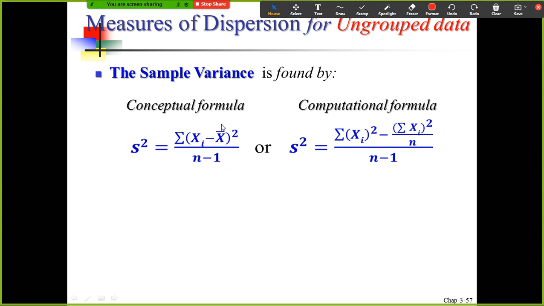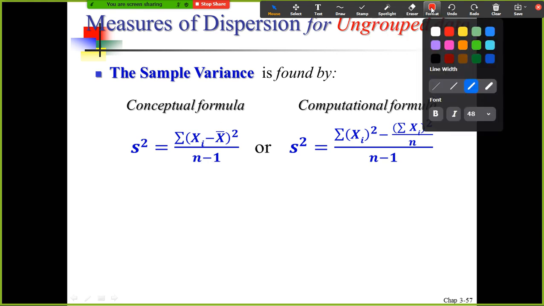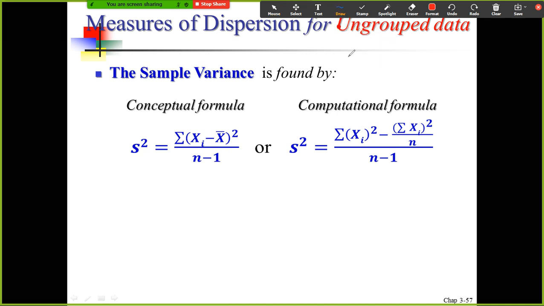So this one is the conceptual formula. It's similar to the one that we looked at in the previous slide, population variance. But the difference from population variance is that for the conceptual formula for sample variance, we divide by n-1 for the sample, but we divide by n for population variance.